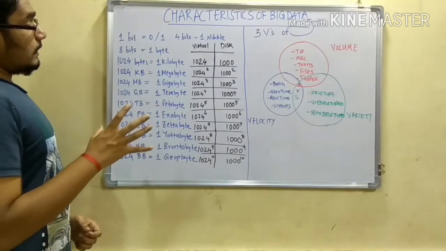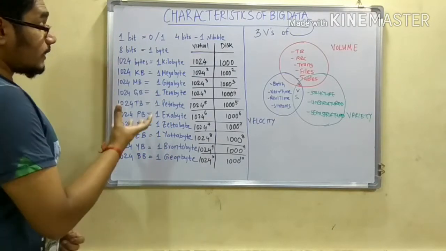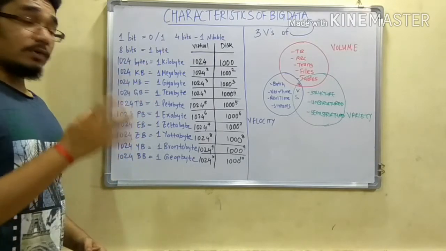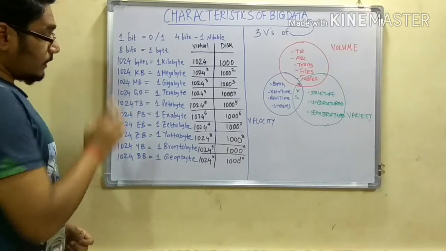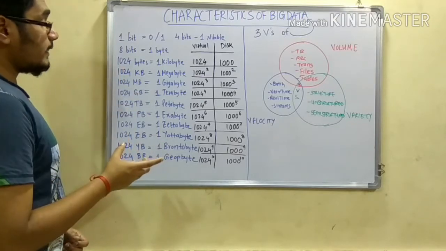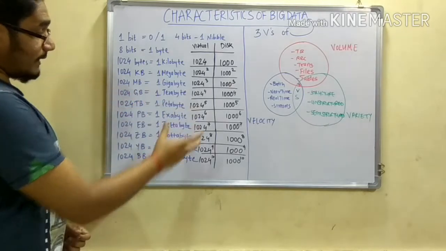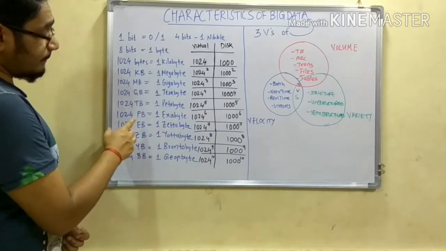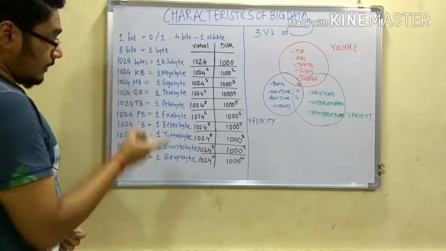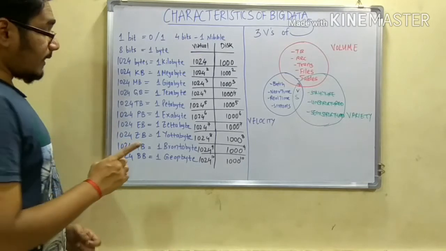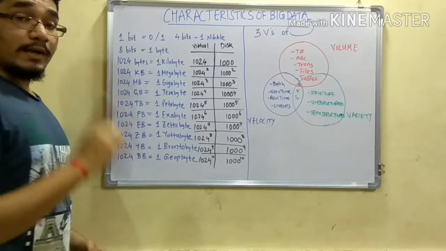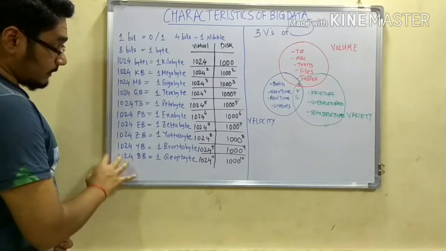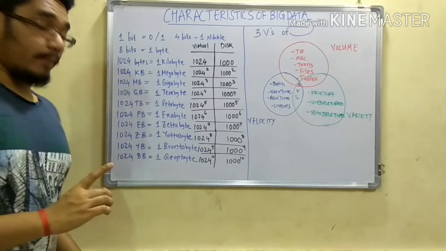Now in terms of computer memory, 1024 bytes is 1 kilobyte, 1024 kilobytes is 1 megabyte, 1024 megabytes is 1 gigabyte, 1024 gigabytes is 1 terabyte, 1024 terabytes is 1 petabyte, 1024 petabytes is 1 exabyte, 1024 exabytes is 1 zettabyte, 1024 zettabytes is 1 yottabyte, 1024 yottabytes is 1 brontobyte, and 1024 brontobytes is 1 geobyte.